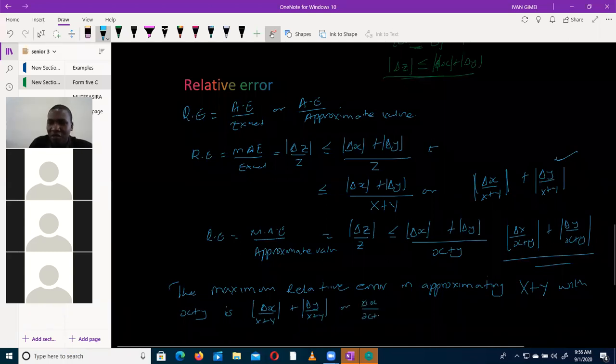Some questions it will be small values, so you write using small values, some questions will be out of exact values, you divide with the exact value. If it is with small, you write with small, approximate, out of x plus y. Do you have any questions in that at this stage?